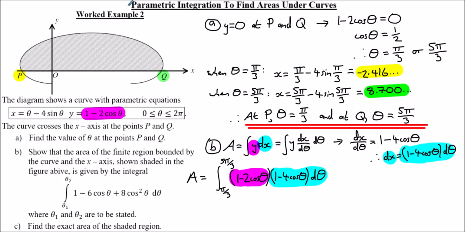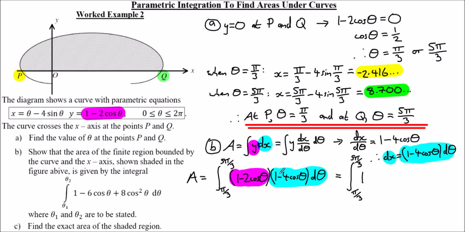And so we're pretty much home and dry really now. The only thing is to expand this and simplify. We've stated theta 1 and theta 2, so that's absolutely no problem. So the next thing is just to simplify down to show it ends up being this. And all it is essentially is just expanding the brackets out. So 1 times 1 gives obviously 1. How many cosine thetas?